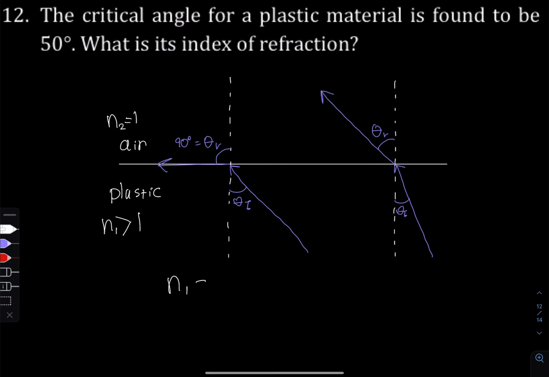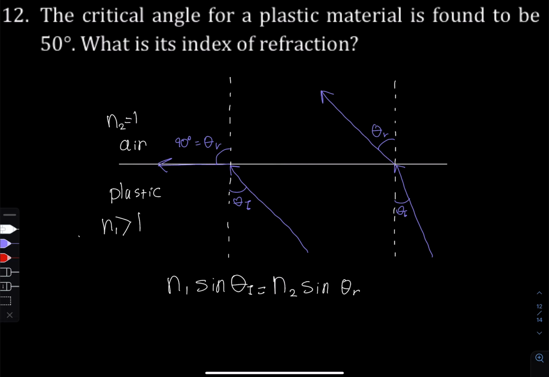N1 times sine of angle of incidence, and then we have N2, which in this case is the index of refraction of the air, and then sine of the angle of refraction.